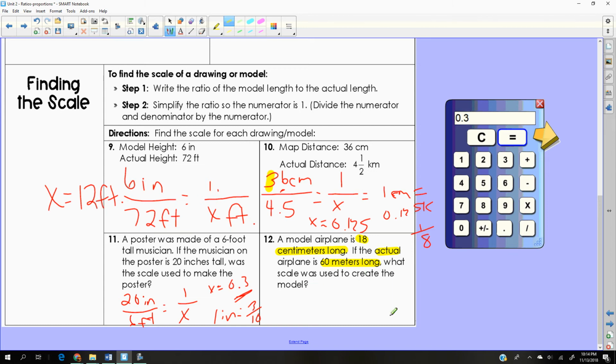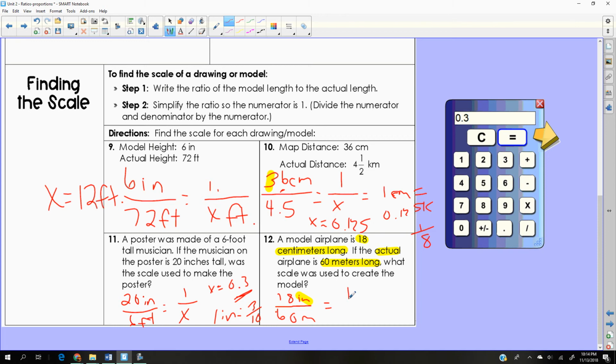So we have, the model is 18 inches, and the airplane is 60 meters.